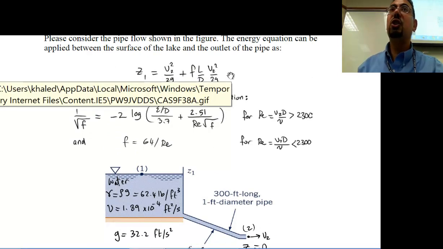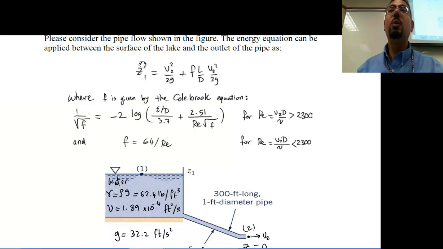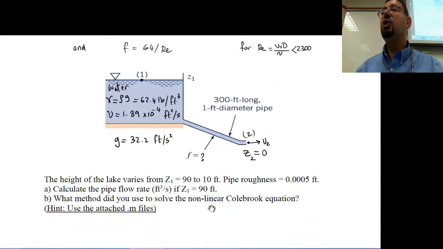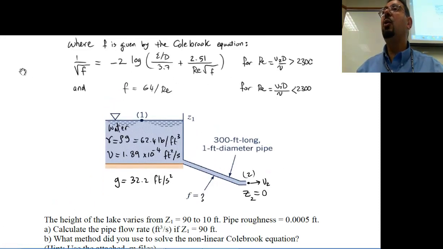You got it? So you just have to run the program, find out when Z was 90, what was the flow rate? And the second part, he said, which method did he use to solve the nonlinear Colebrook formula? This is the Colebrook equation.